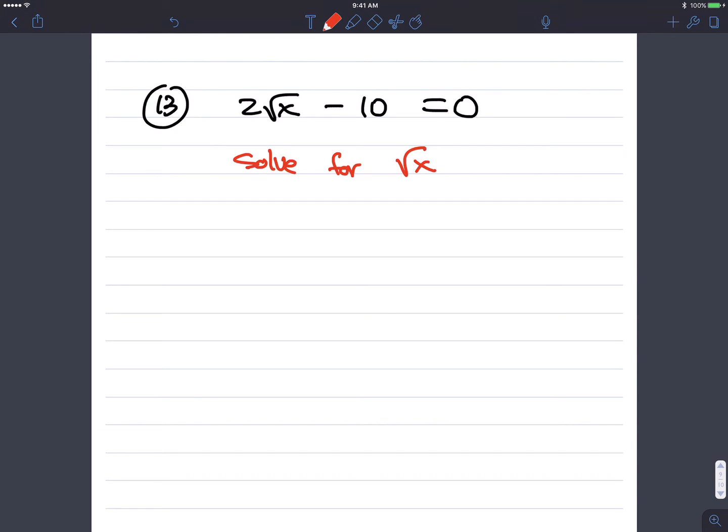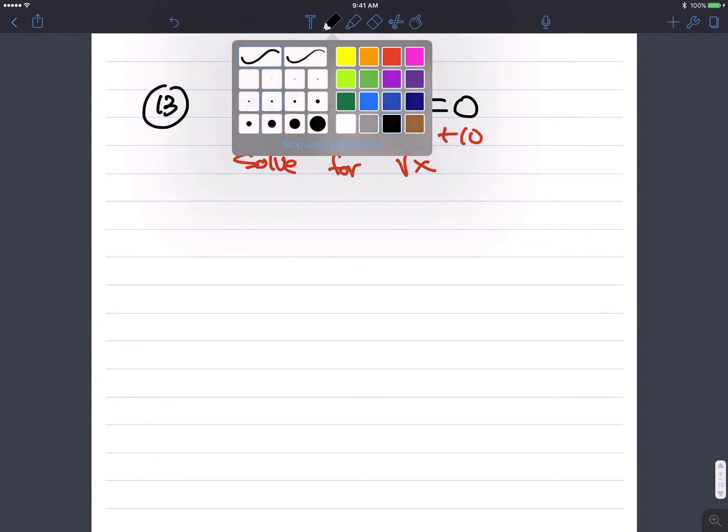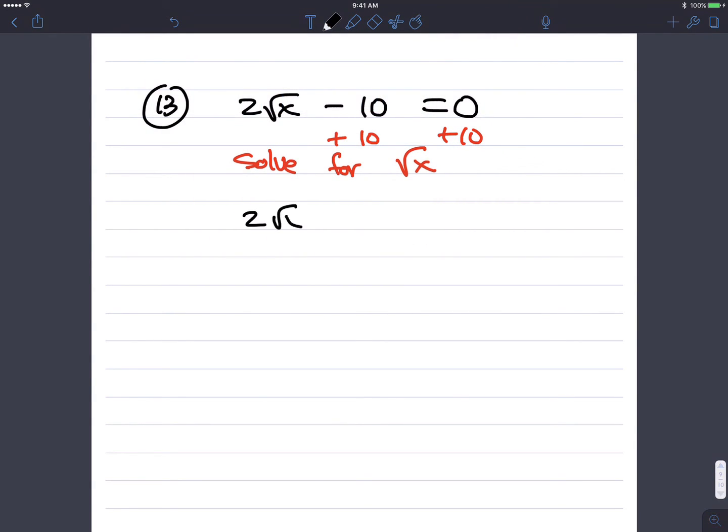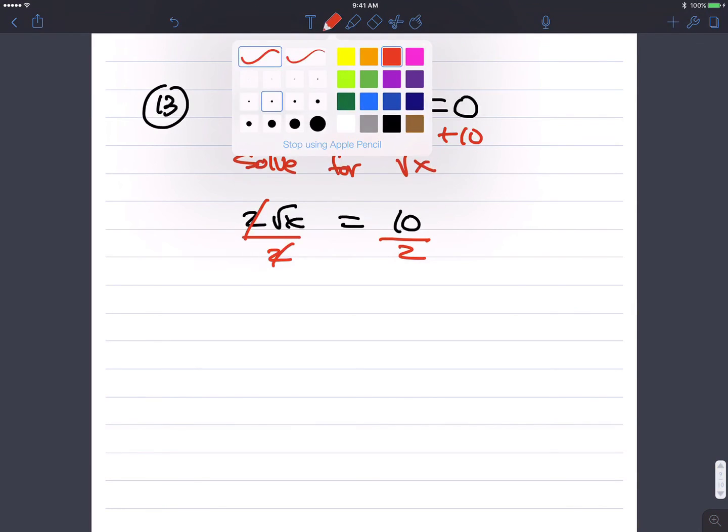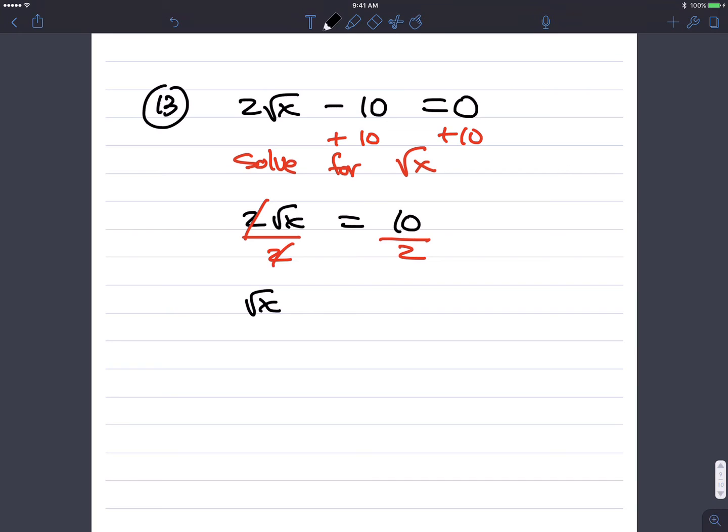So you could use the formula. And you're going to get that by adding 10 to both sides. And we now get 2 square root of x is 10. Divide both sides by your 2. Square root of x is 10 divided by 2, which is 5.